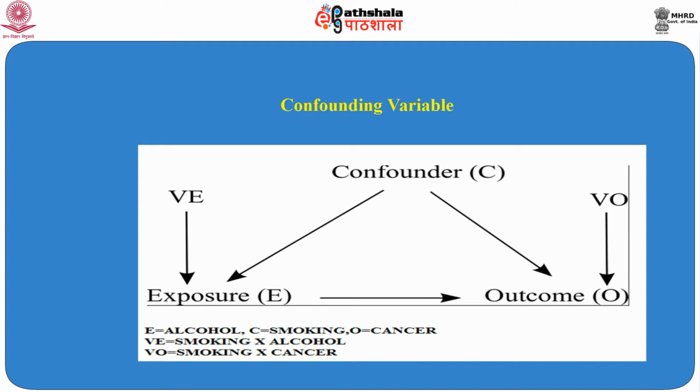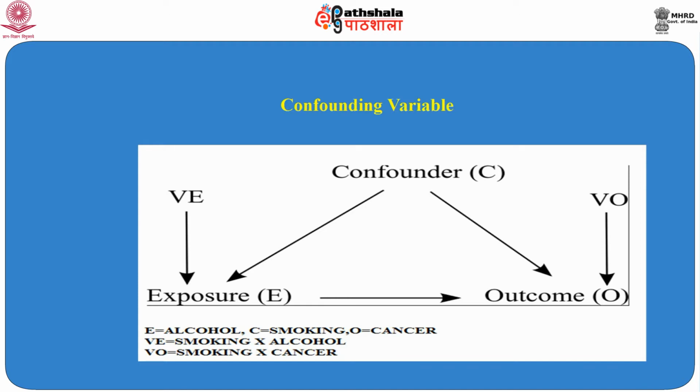So in that case, we explore and consider as many variables as possible, find out one by one the influence of each variable on the outcome variable, and thereafter we say whether a confounding variable is present or not.